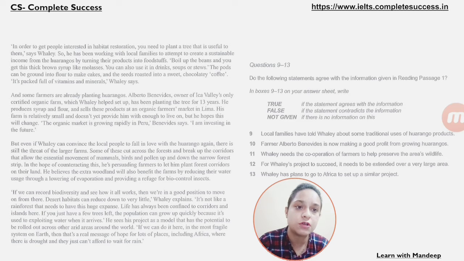Willy needs the cooperation of farmers, whether it needs it or not: in the hope of counteracting this, he is persuading farmers to let him plant forest corridors on their land. He was persuading farmers to let him plant, meaning he was telling them he wanted them to allow him to plant trees.